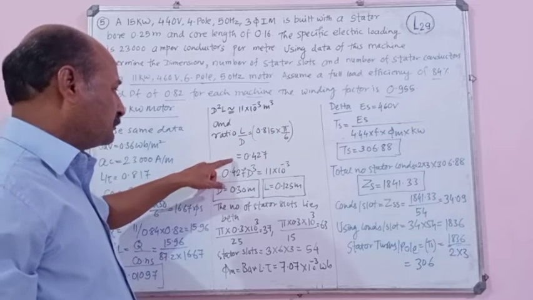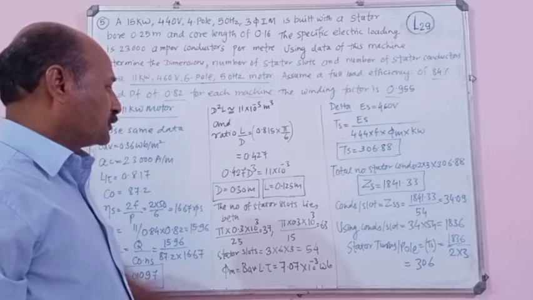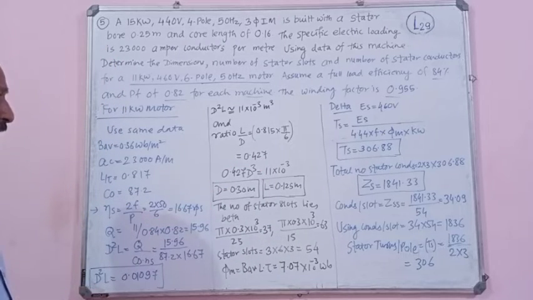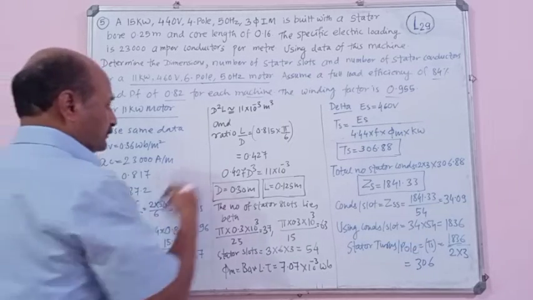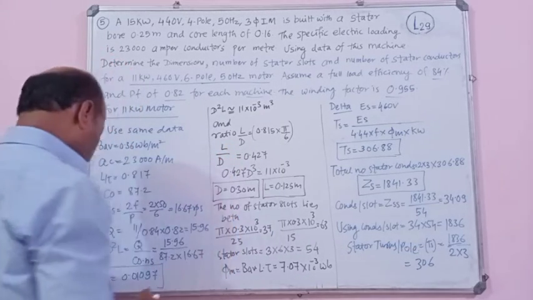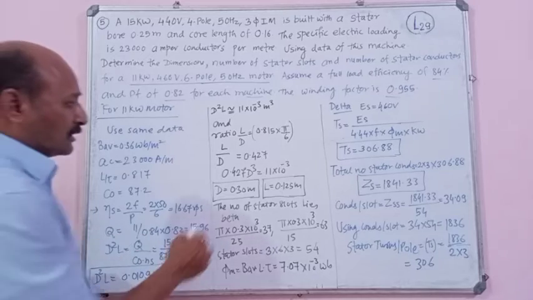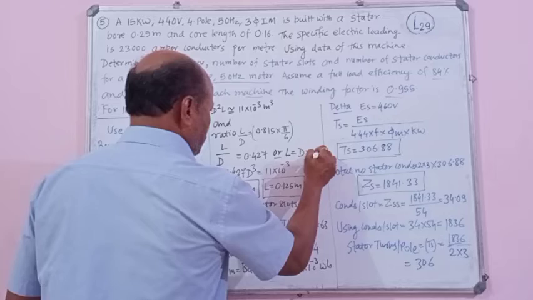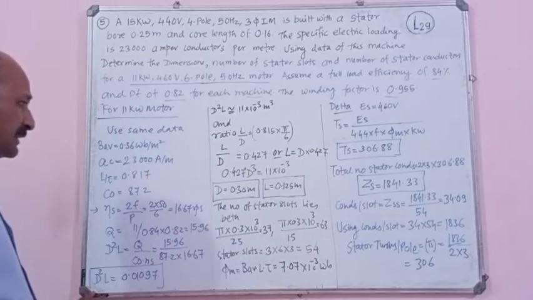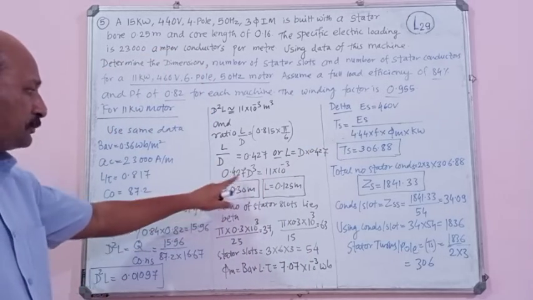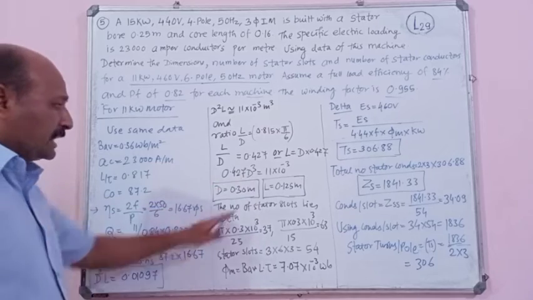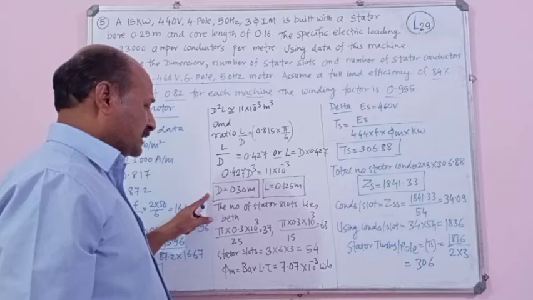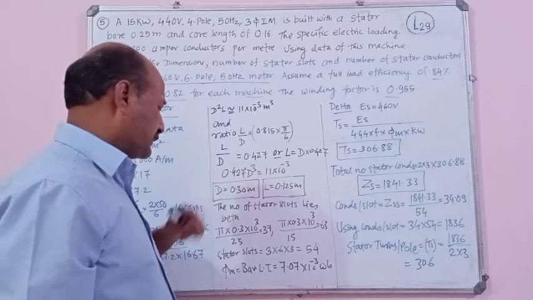So you will get the value of L by tau equals to 0.427, or L equals to D multiplied by 0.427. Putting this in the equation, you will get D cube into 0.427 equals to 11 into 10 to the power minus 3. So in this way you will get the value of the dimensions capital D and capital L.